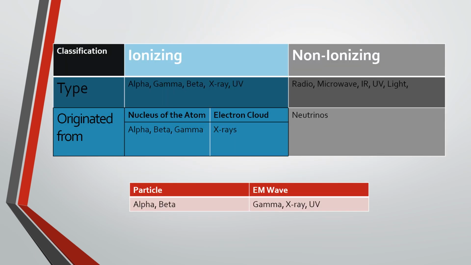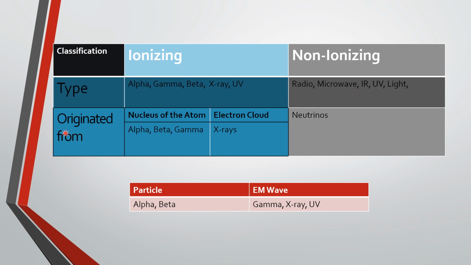So now we'll sum up what we've been talking about in this graph here. There's two classifications that we were exploring: ionizing and non-ionizing. Ionizing types are alpha, gamma, beta, X-rays, and UV, and then non-ionizing would be everything else: radio waves, microwaves, IR, UV, and light.